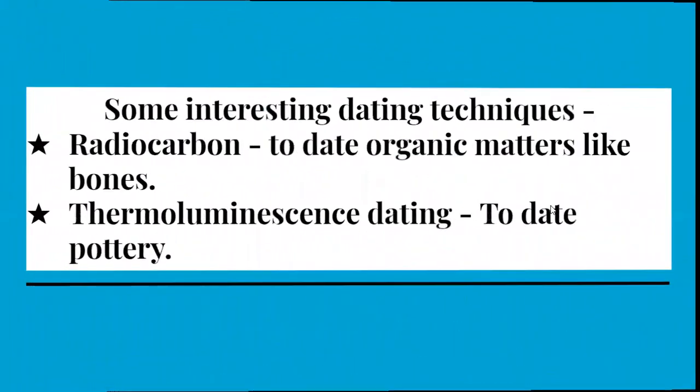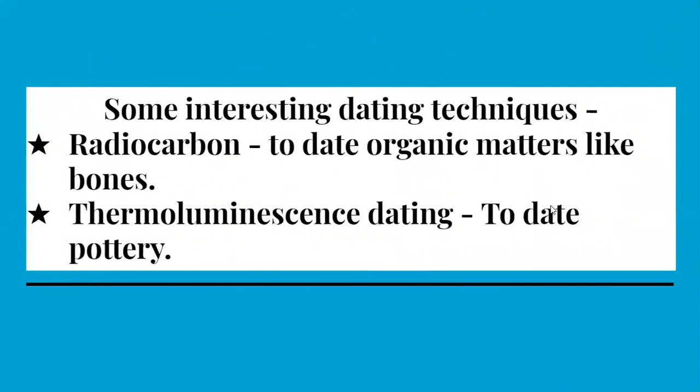Next, children, you might wonder, how do historians get to know from which year a particular artifact belongs? So if there is a pot, for example, historians have very interesting techniques, and to date a pot, they use the technique called thermoluminescence dating, right?